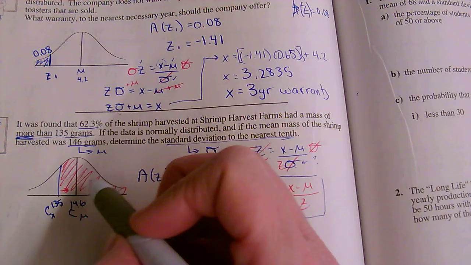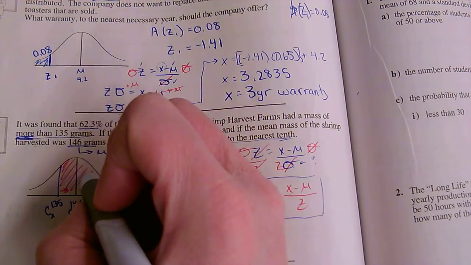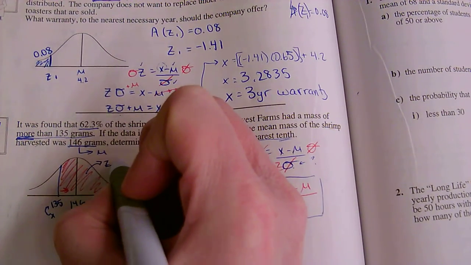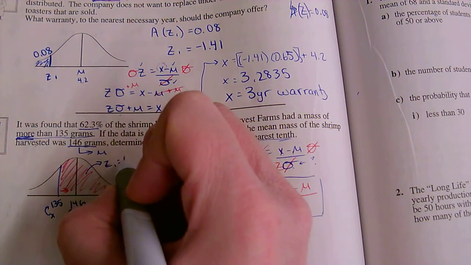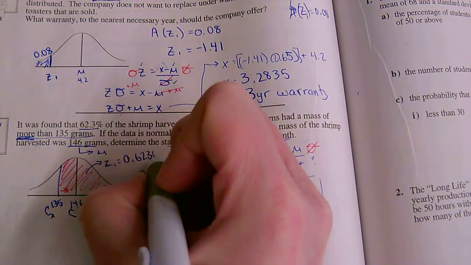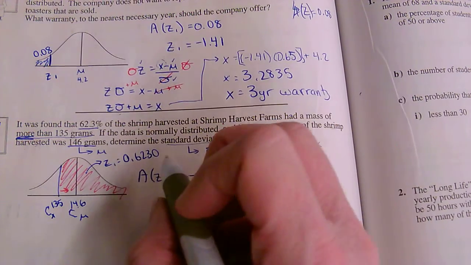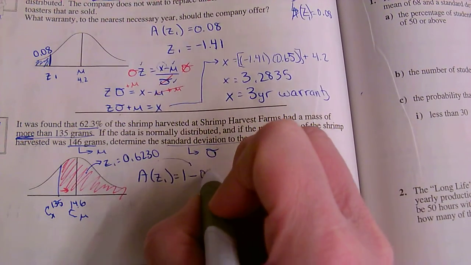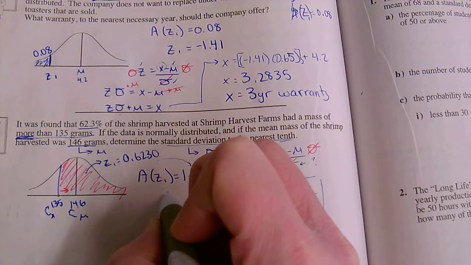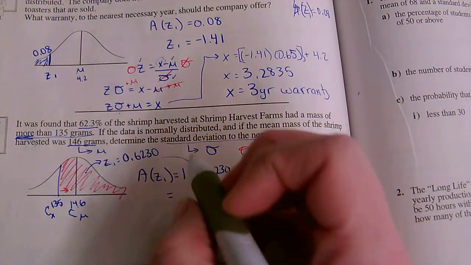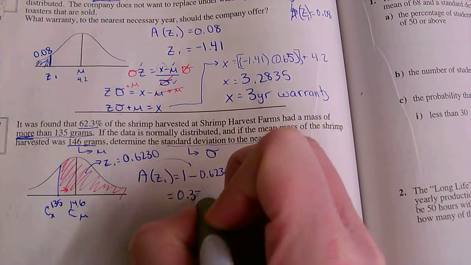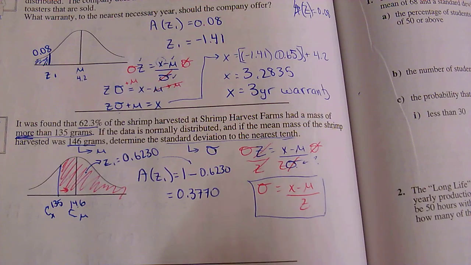So that means this area right here, or this z-score, is 62.3%, which we would just put into our decimal form. And so then that's what is going to get subtracted from 1. So you would put that into your calculator, and you would get that. Okay?